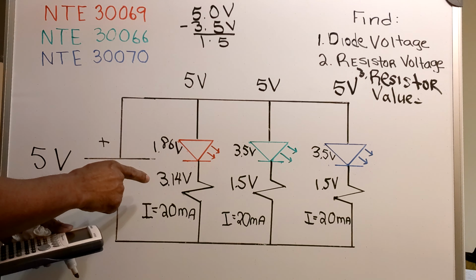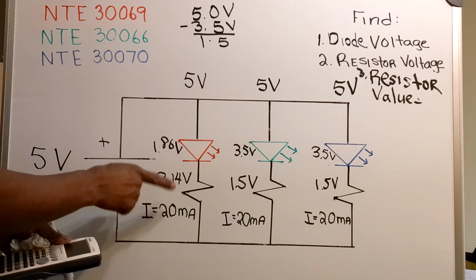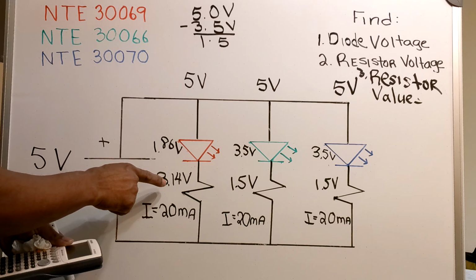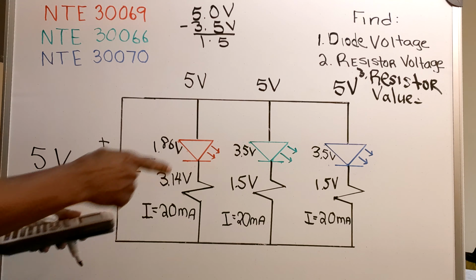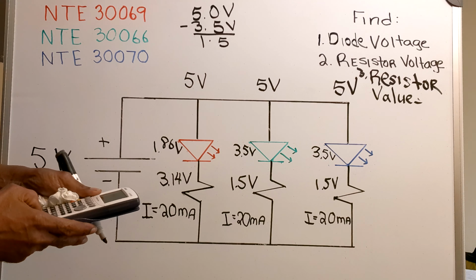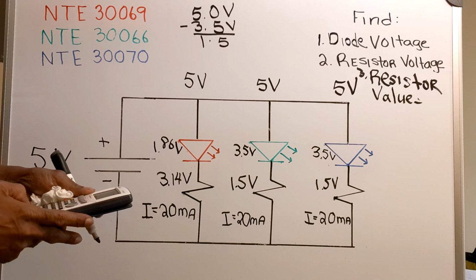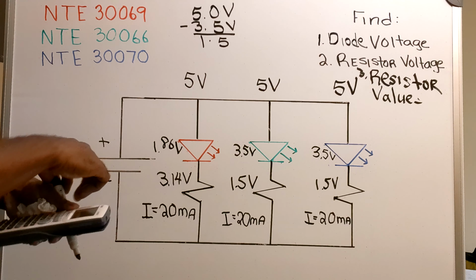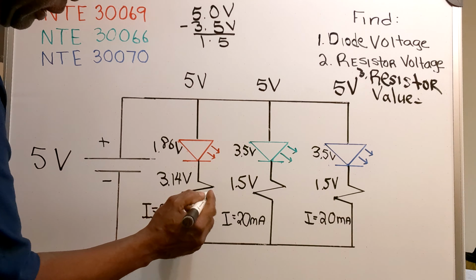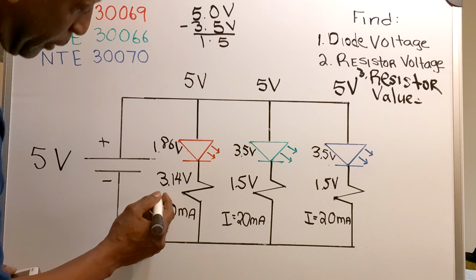The resistor value is found by dividing the resistor voltage by the 20 milliamps. So for branch number 1, I've got 3.14 volts divided by 20 milliamps. And for branch number 1, I have a resistor value of 157 ohms.